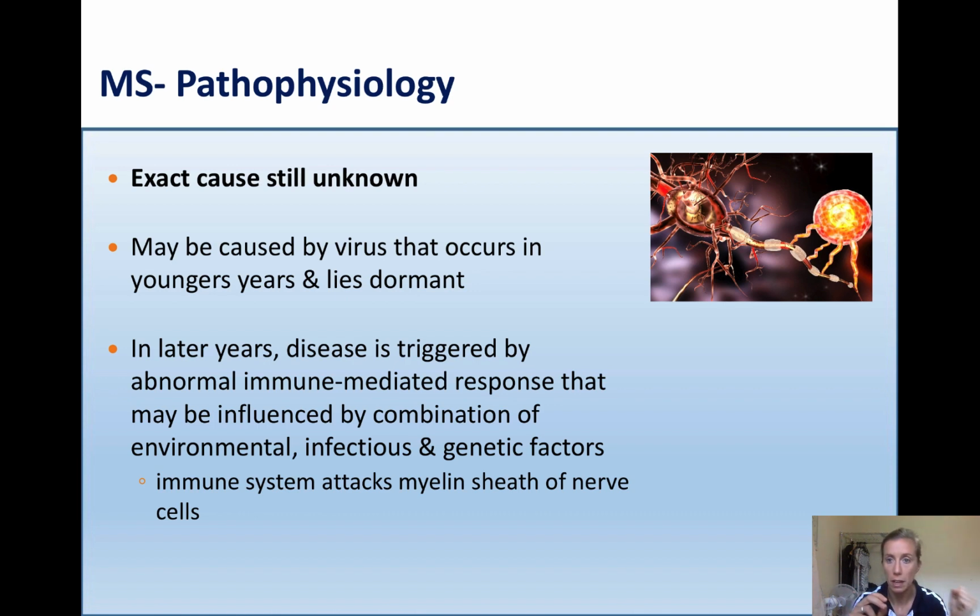So potentially there's a virus in the younger years that lies dormant, and later we get this abnormal immune-mediated response. It creates quite a complex picture, because it could be a different combination for different people. But ultimately, the bottom line is the immune system is attacking the myelin sheath of the nerve cells, and that's what you really need to remember.